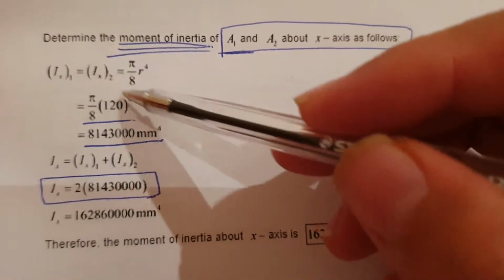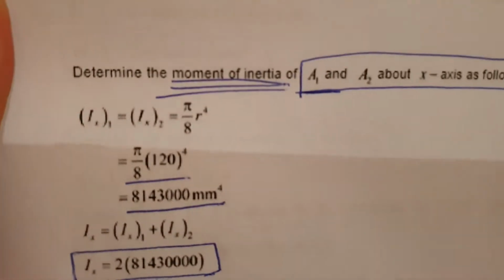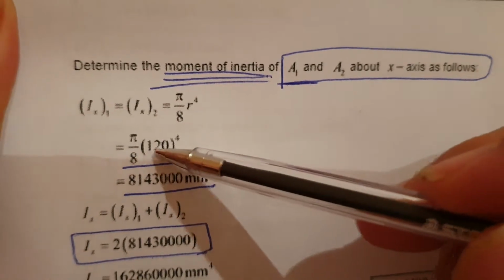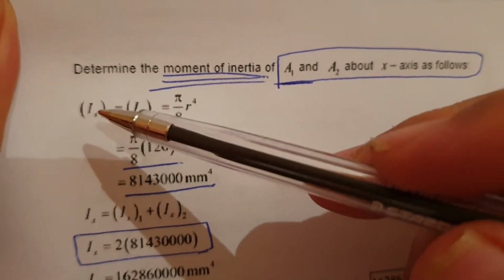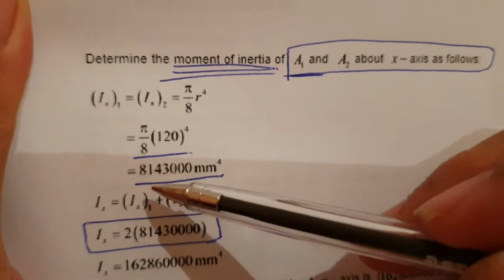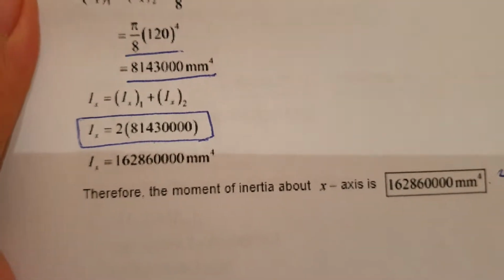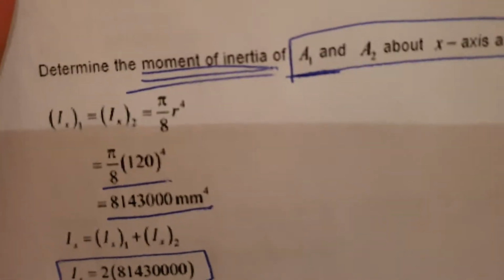So what is the radius? This is Ix and Iy. Okay? And the radius is 120. So this is the moment of inertia of area 1 and area 2 around the x-axis, 814,3000 millimeter to the 4. So now, since we have two half circles, we have to sum them up.